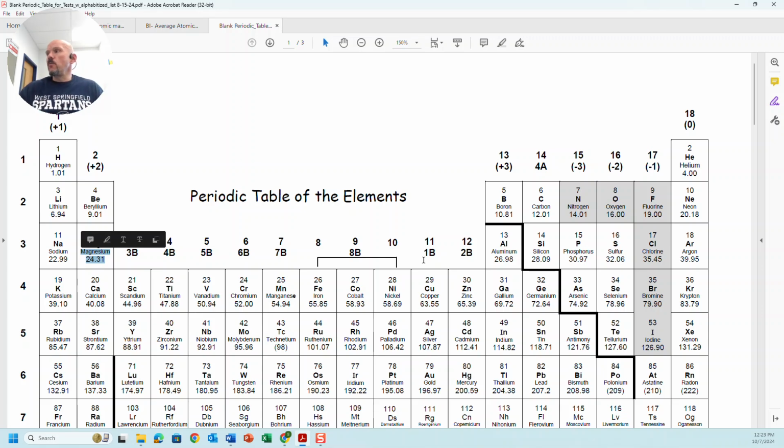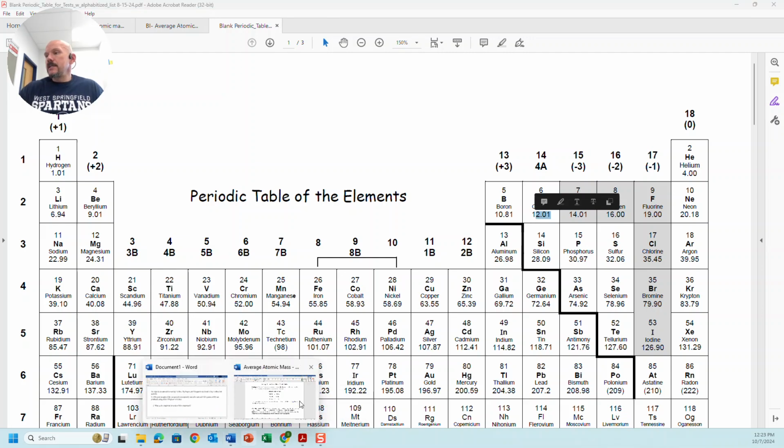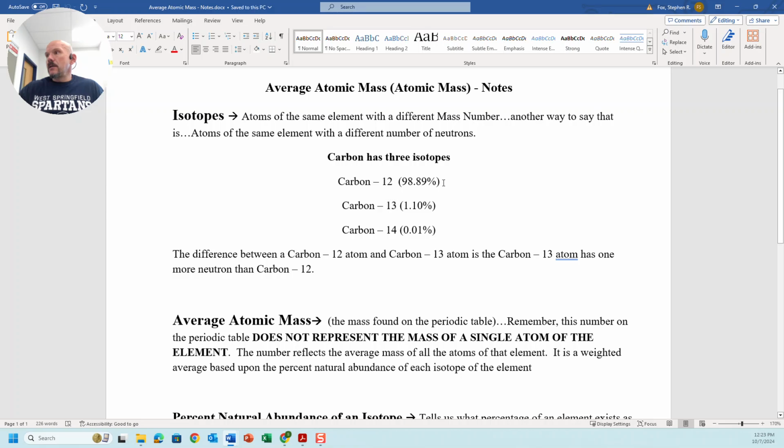So the reason why carbon's average atomic mass is 12.01, which is very close to 12, is because carbon 12 is by far the most abundant isotope of carbon.